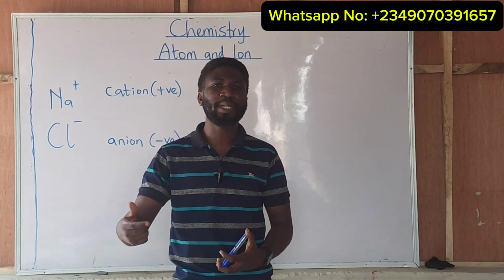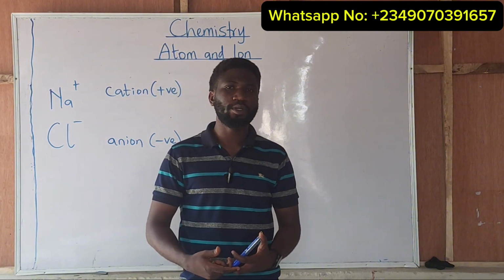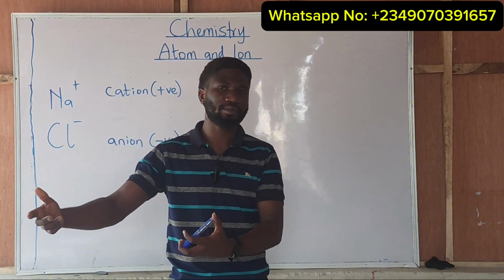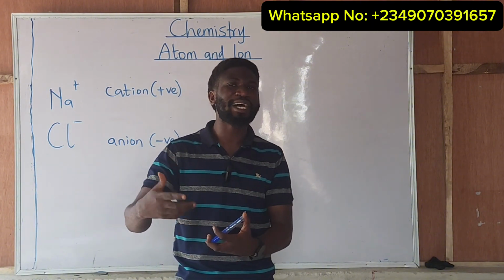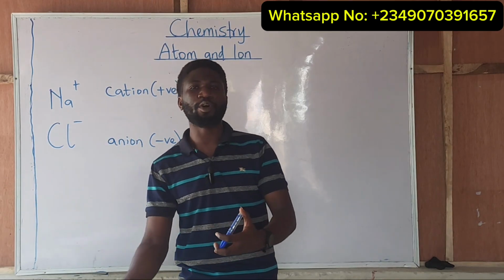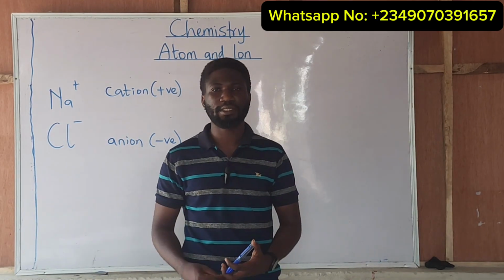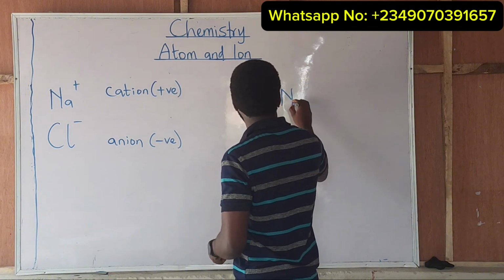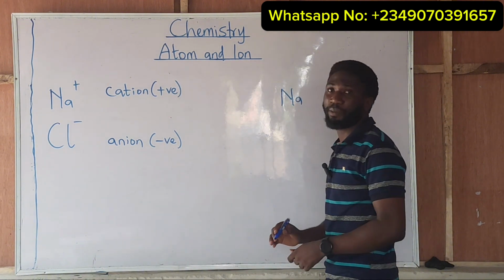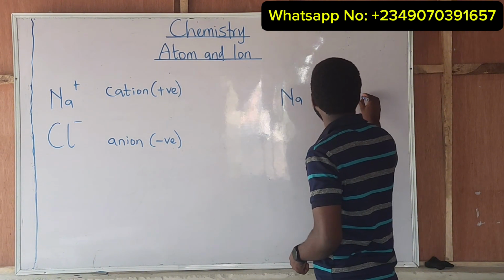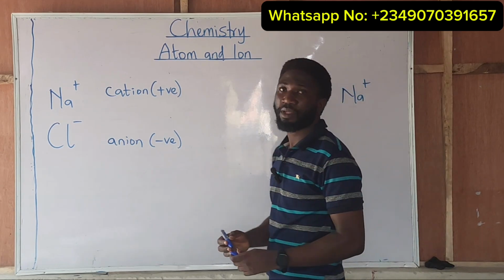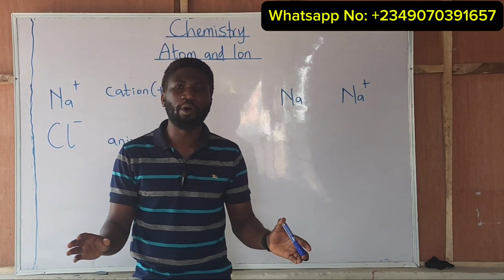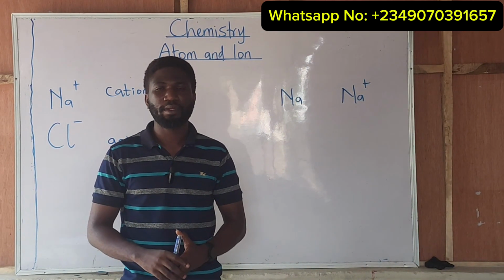So once an electron has been lost, it becomes positively charged. The difference between a sodium atom and a sodium ion is just in the number of electrons.